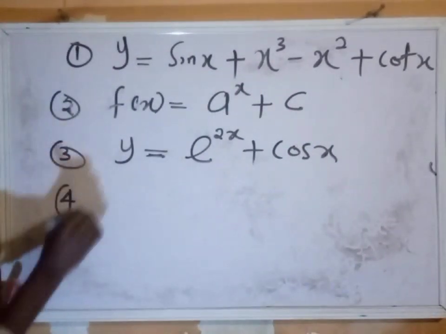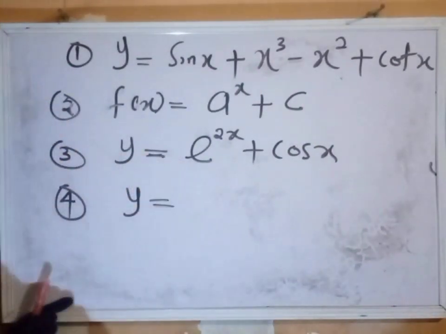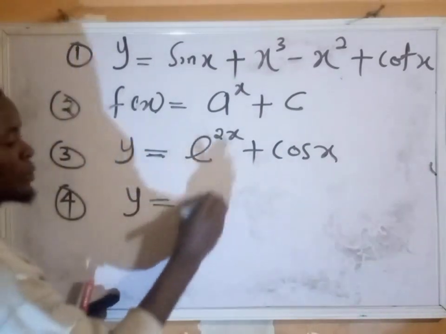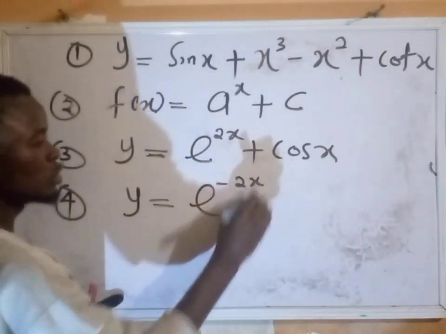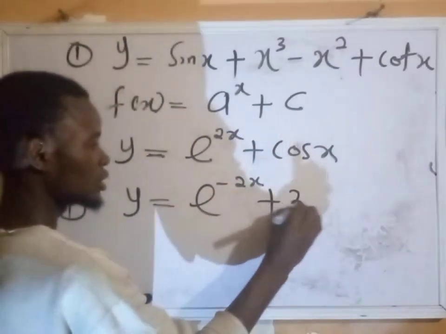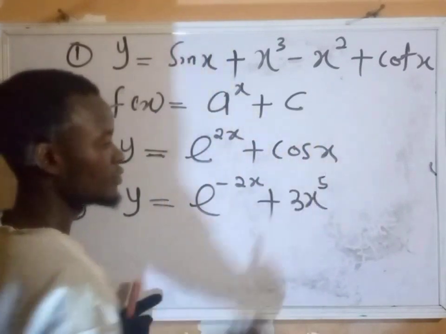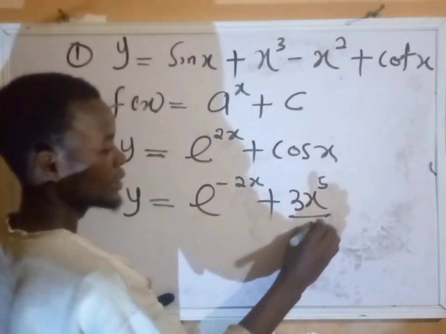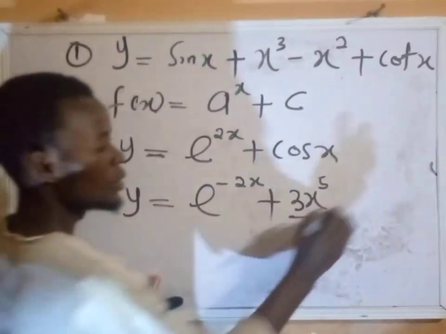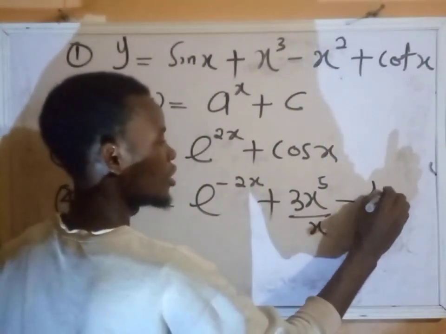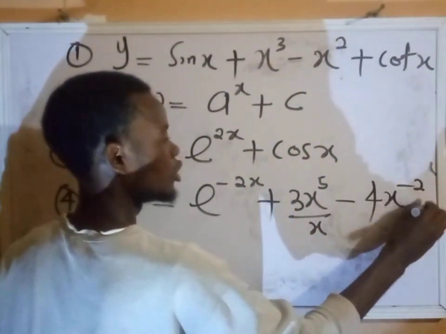And number 4: y equals exponential of minus 2x plus 3x raised to the power 5, divided by x, minus 4x raised to the power minus 2.